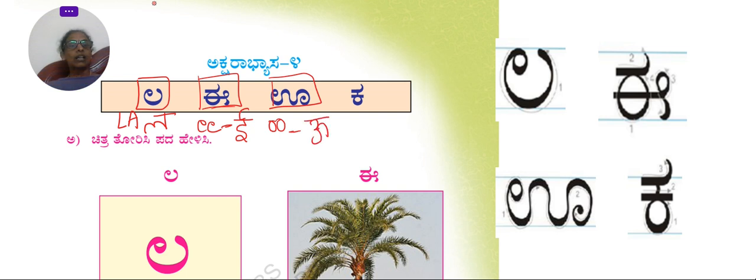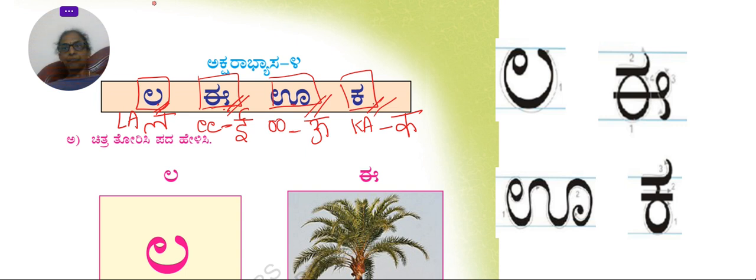Then this alphabet is Ka, as in cup. So once again, this is La, E, U, and Ka.